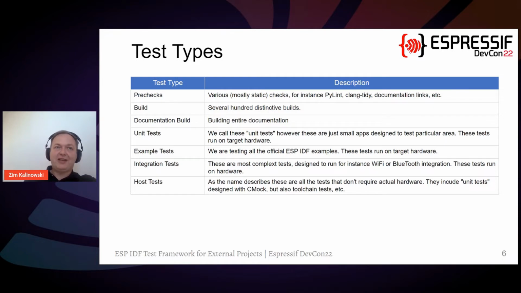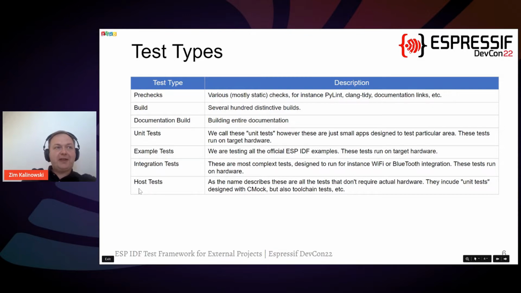Sometimes they include multiple ESP32 boards. So they are much more complex than example tests or unit tests. However, all of those, unit tests, example tests, and integration tests, are usually run on the hardware.